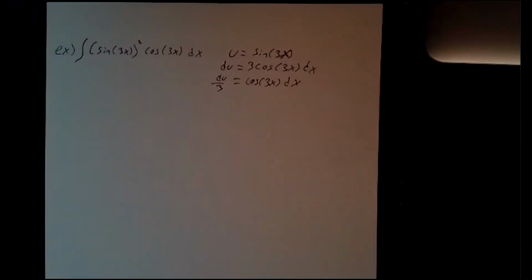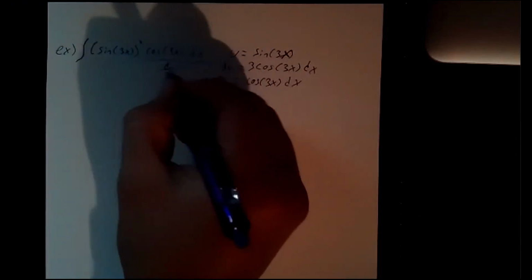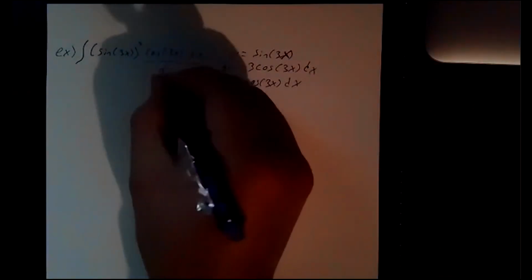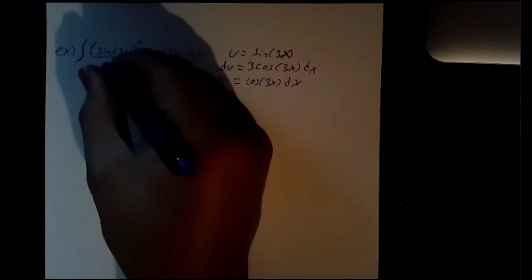Okay. So I skipped the division step. I hope that's okay. Divide by 3 on both sides, and now we can sub, right? So this right here is du over 3. This is going to be u.